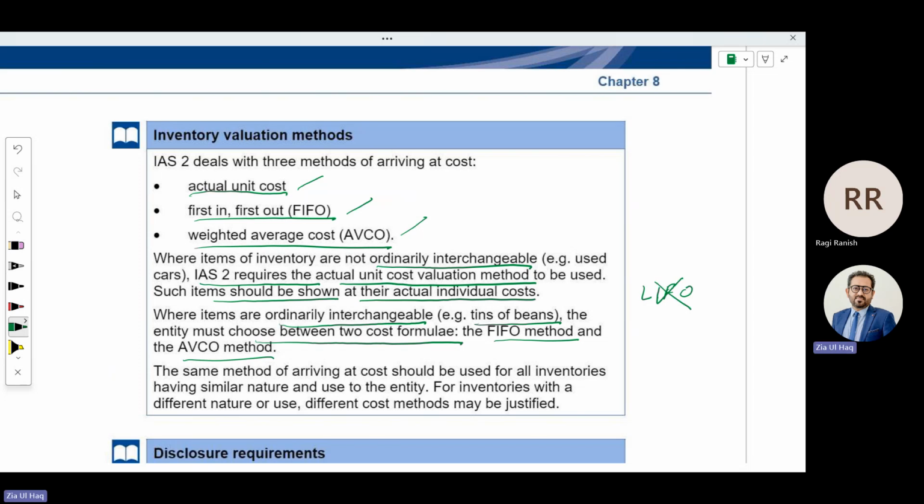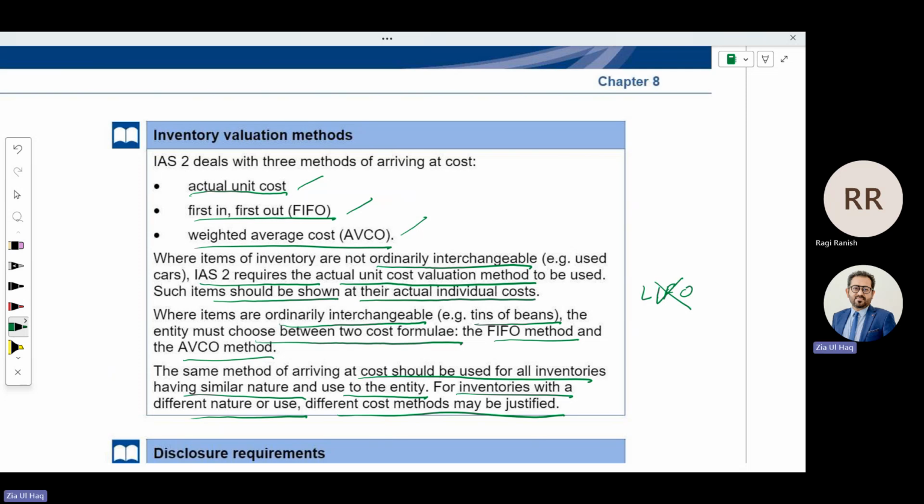This means the item that came first will become obsolete, out of date. The same method of arriving at cost should be used for all inventories having a similar nature and use to the entity. For inventories with a different nature of use, a different cost method may be justified. Meaning similar nature inventory items should be measured using the same method, either FIFO or AVCO.